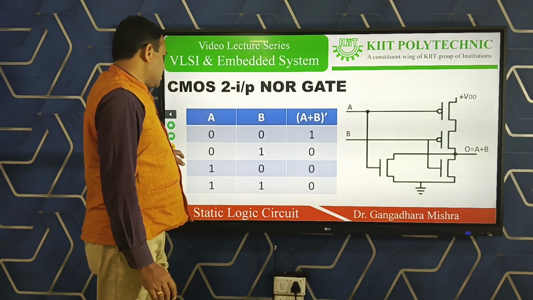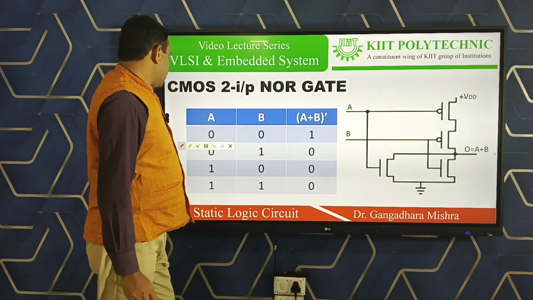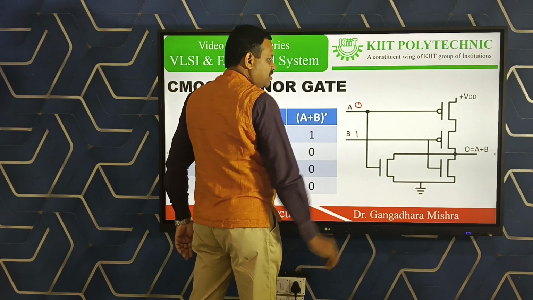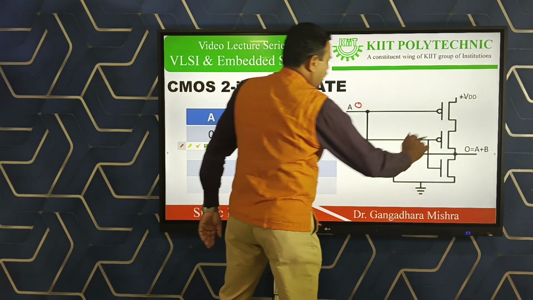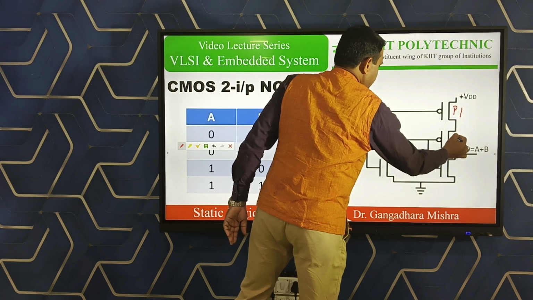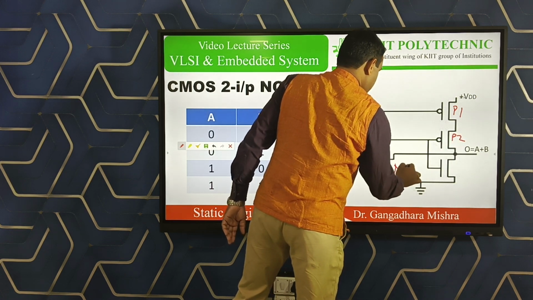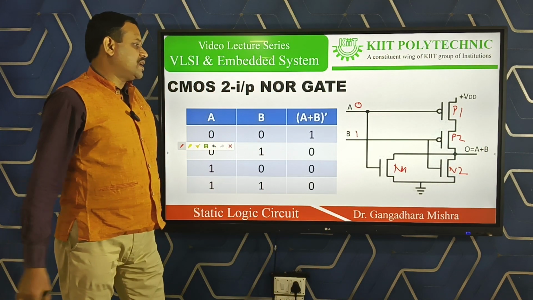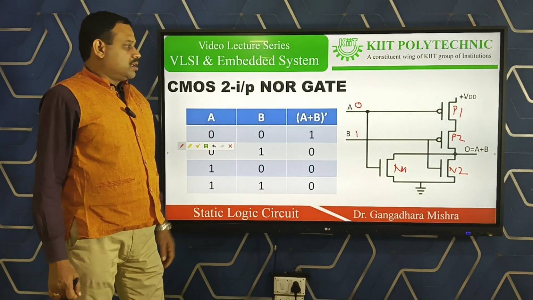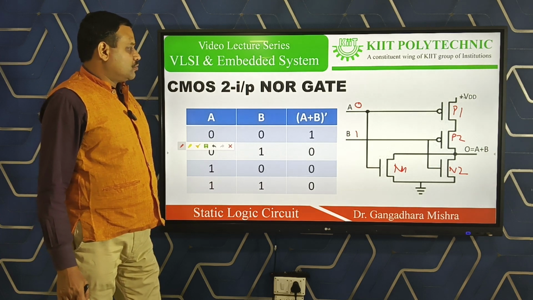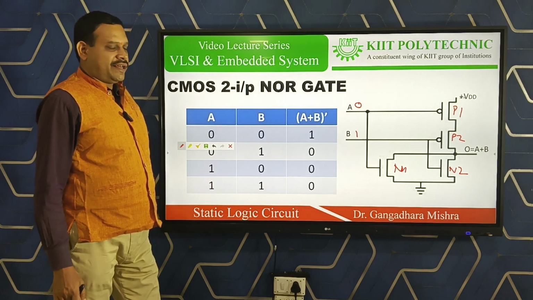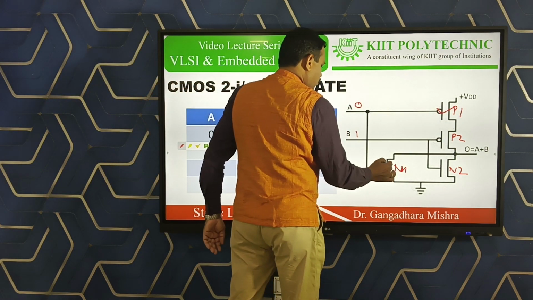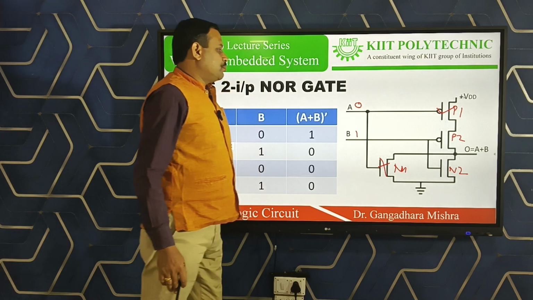So the next operating condition is A is equal to 0, B is equal to 1. Let's say the transistors are P1, P2, N1 and N2. For this operating condition, A is equal to 0, which is fed to P1 and N1. So if A is 0, P1 is in the conduction state, N1 in cutoff state.